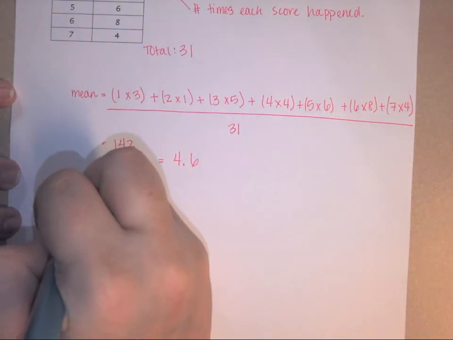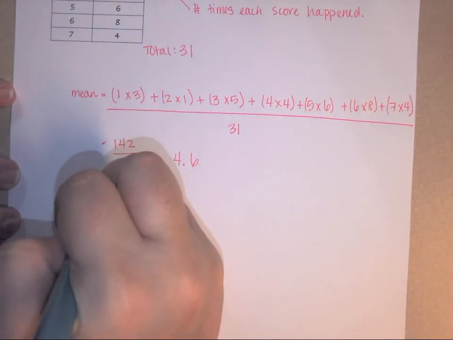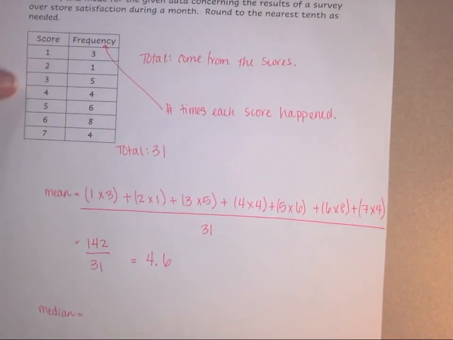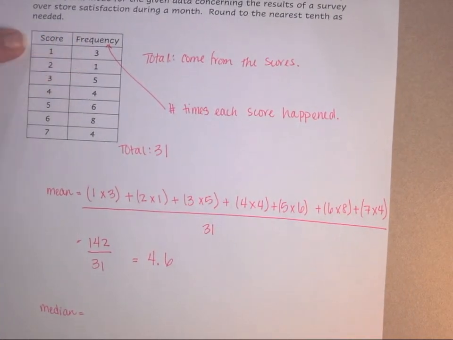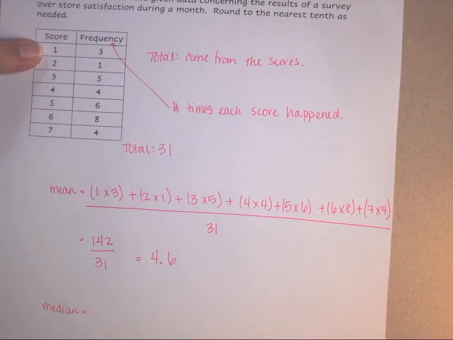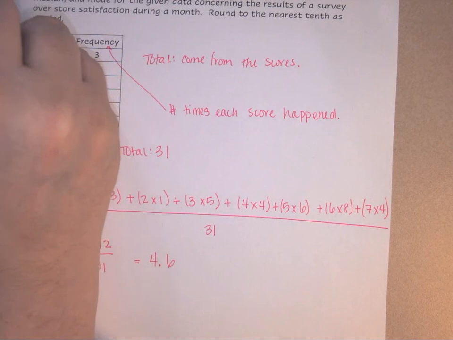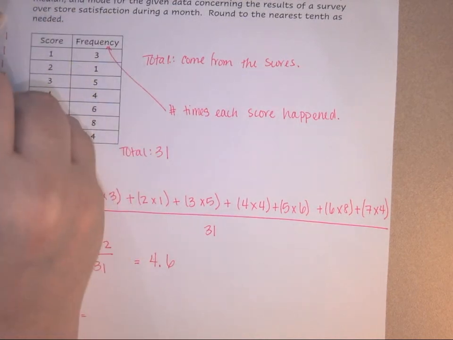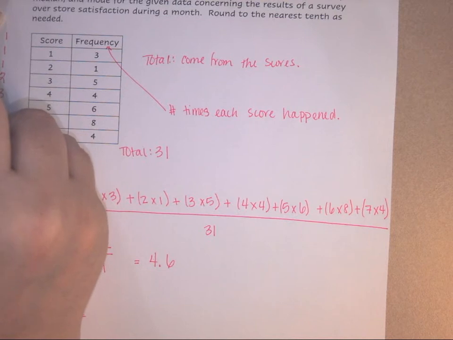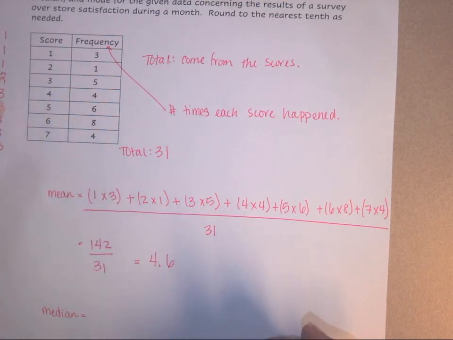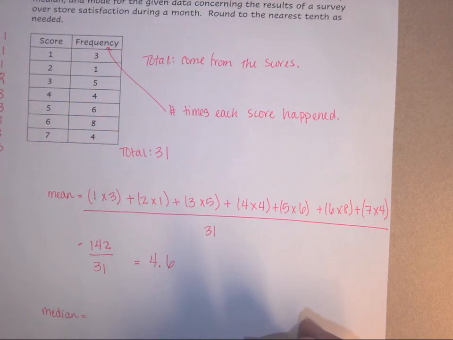Now my median, again, is going to come from ordering my data. So I have these frequencies, and so one of the things that you can do is you can sit there and you can write them out. So I would have a 1, a 1, a 1, and then a 2, and a 3, a 3, a 3, a 3, a 3, and so on and so forth, to get all of yours down.